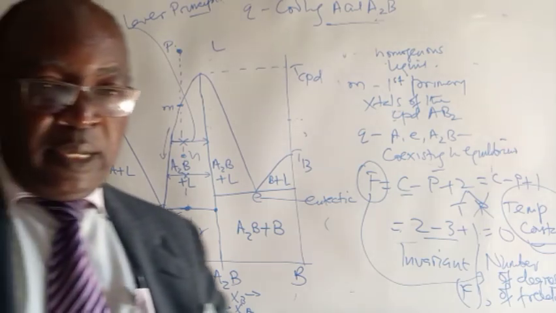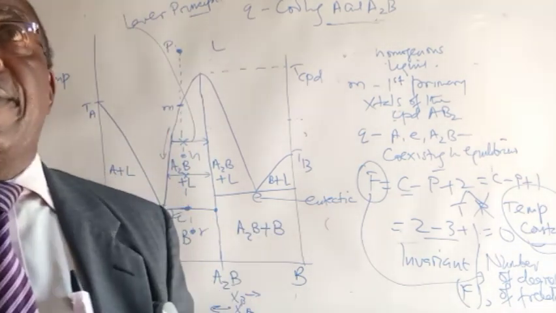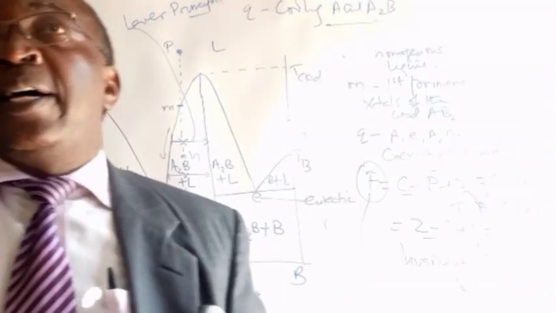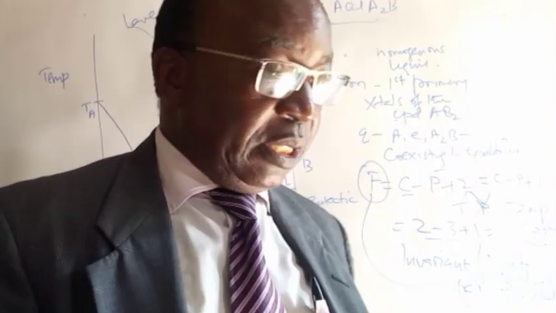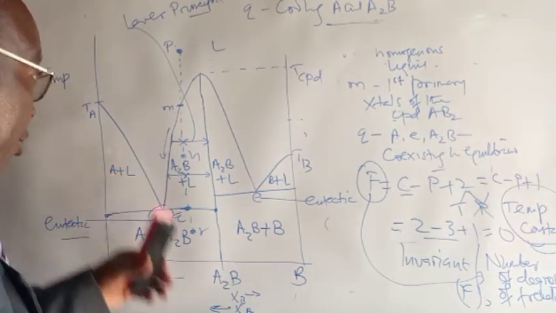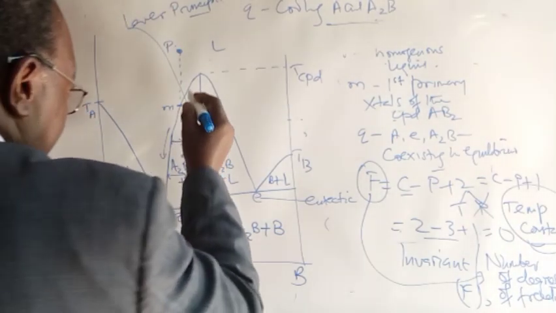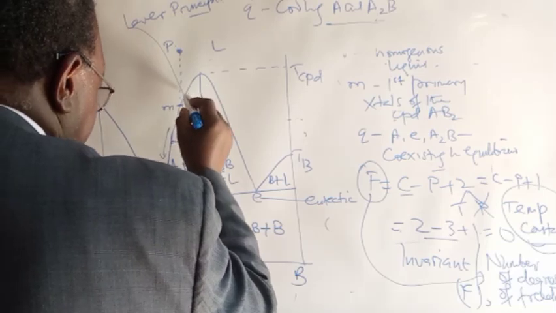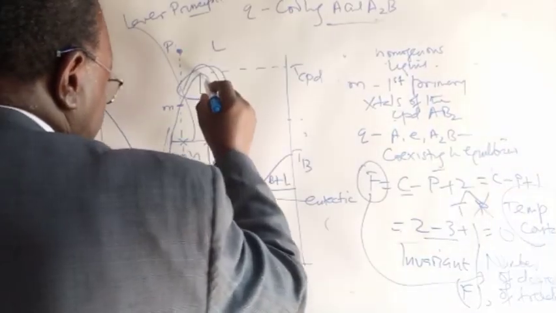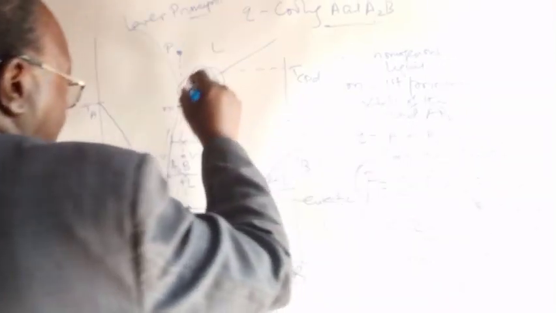Now, a relatively important observation with these compound formation diagrams for this system of temperature and composition is that there is some sort of bearing on the shape of this curve here, where the compound melts.